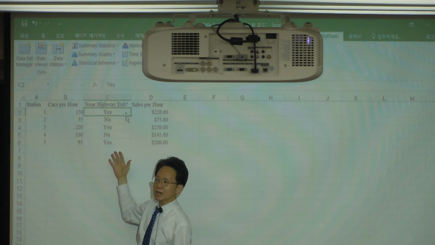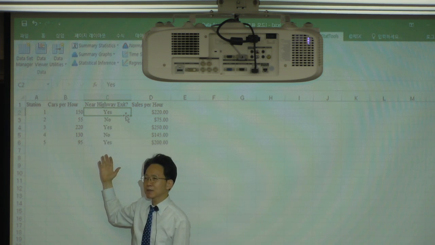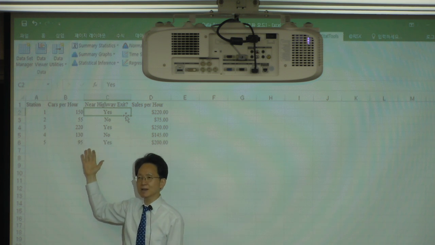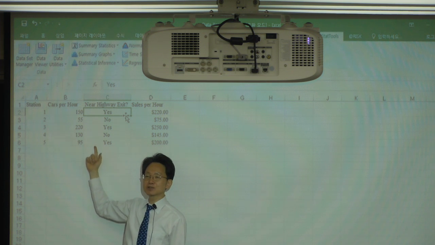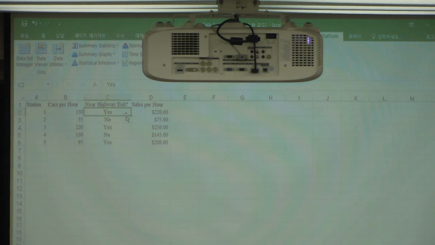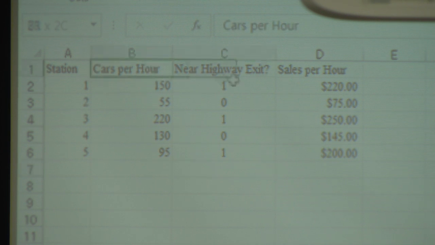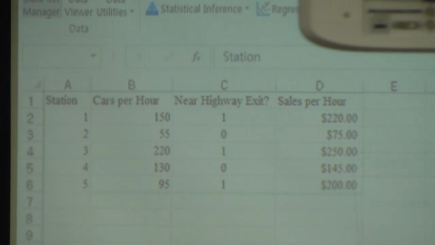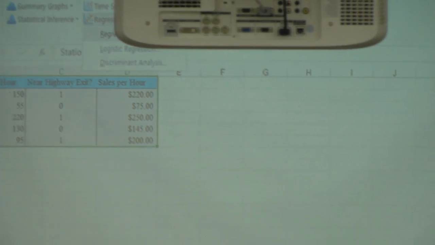If that is the case, then this is a categorical variable, and I need to convert it into something that can be understood by Excel, so I convert it into a dummy variable. The dummy variable says you can put 1, 0, 1, 0, 1. And then you define this as another data set, and you have regression analysis.